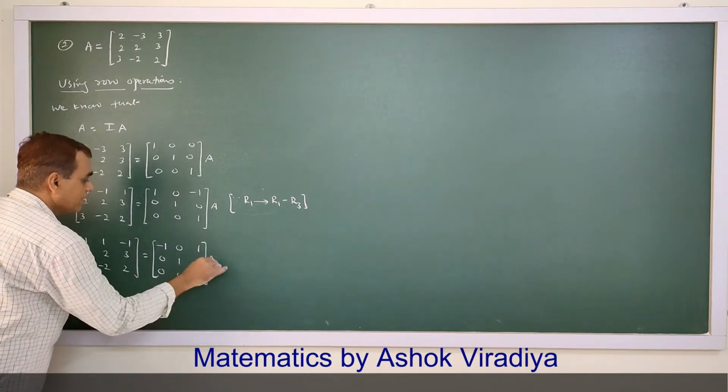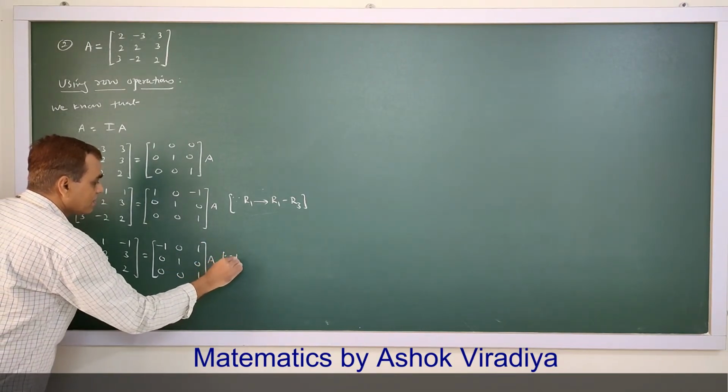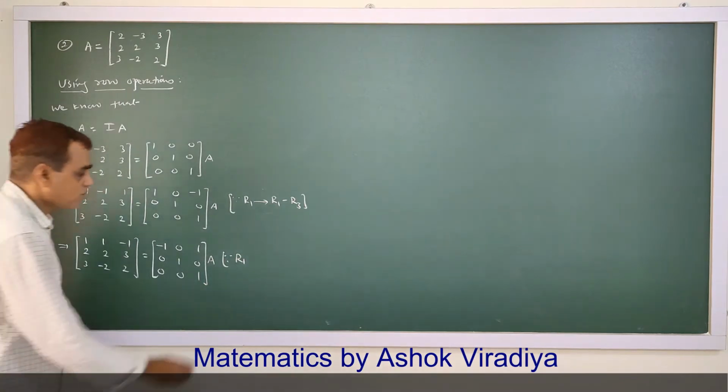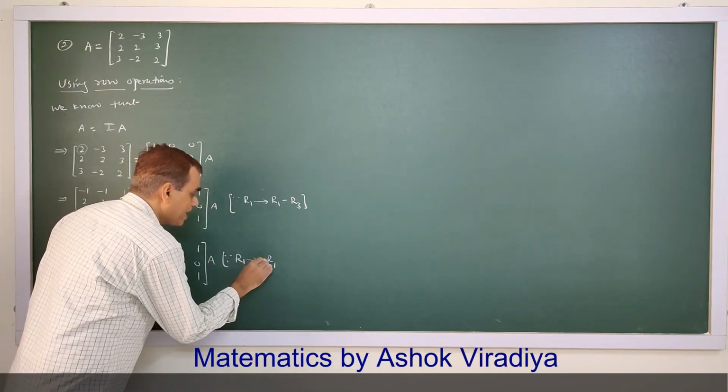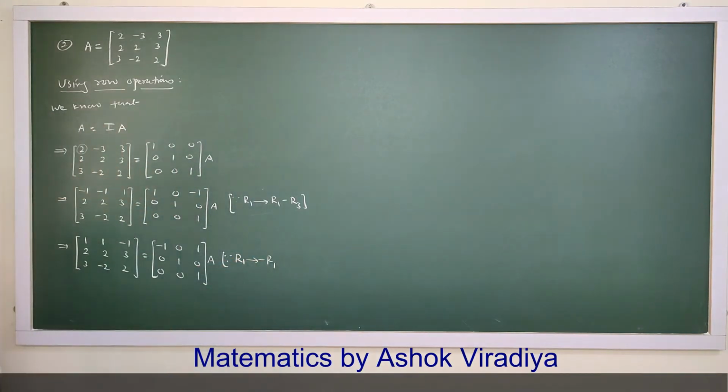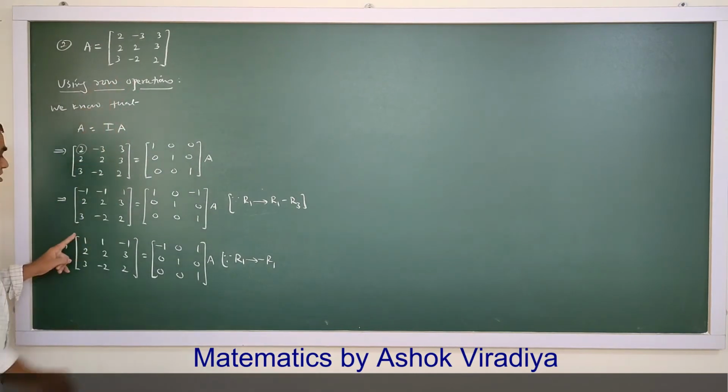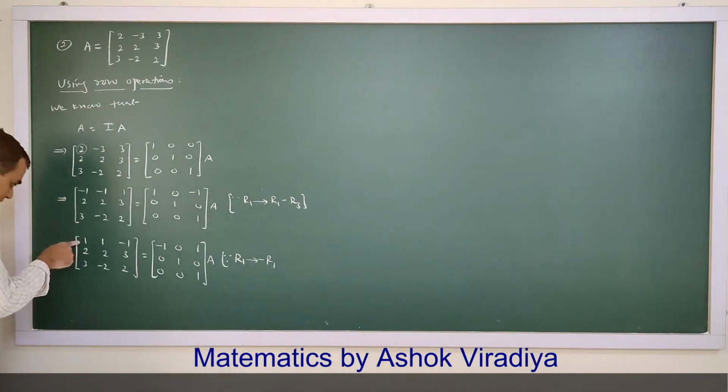So what is done here? In the first row, all elements are multiplied by minus 1. So R1 is multiplied by minus 1. So 1 is okay. We are doing this by row operations. 1 is okay.